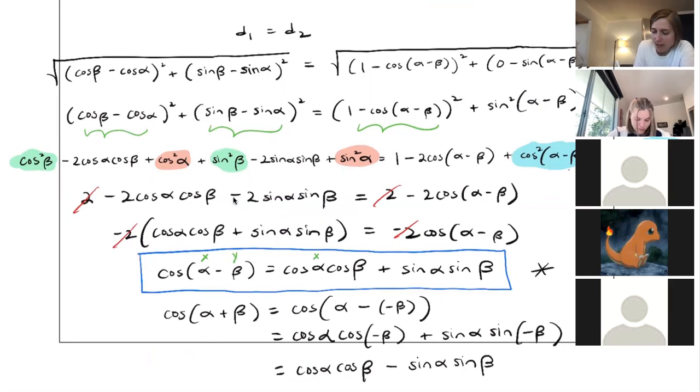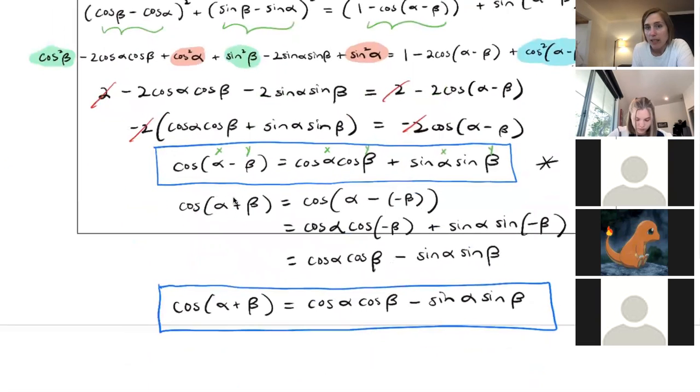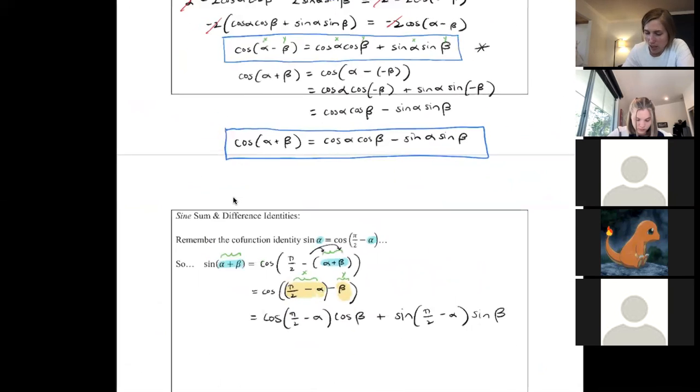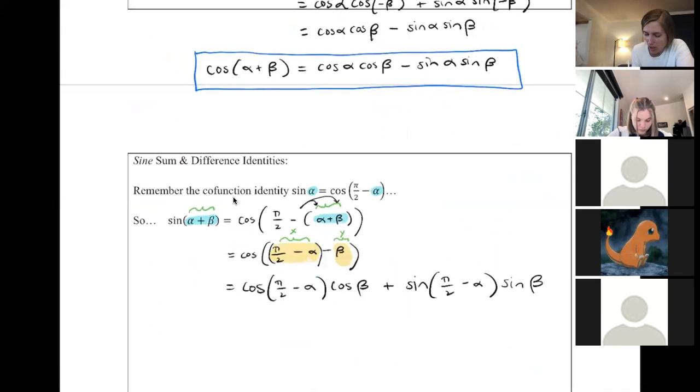Cosine X times cosine Y plus sine X times sine Y. So thinking of these as a difference of two angles so that I could apply the difference identity for cosine. Did I make it more confusing throwing X's and Y's in there? A little bit, it's okay.